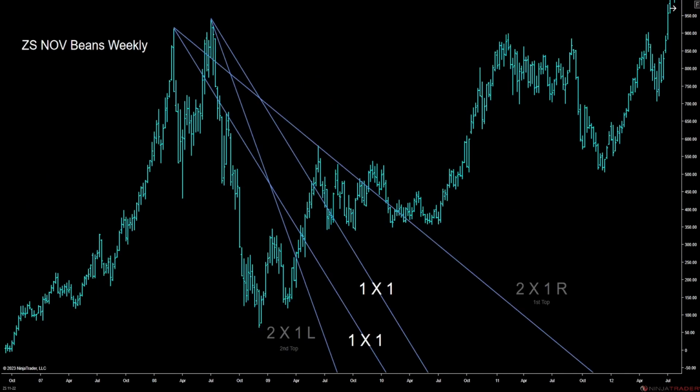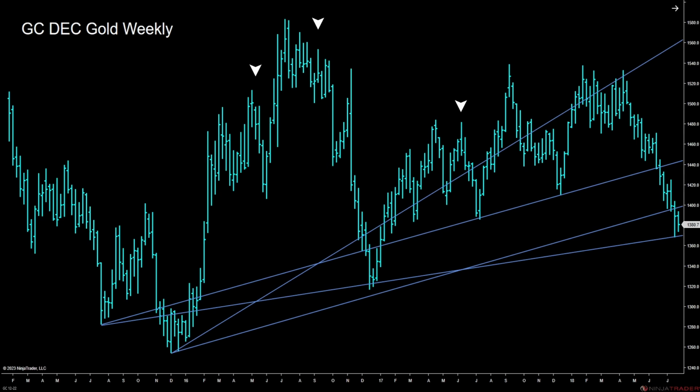This is November soybeans weekly. When you put the angles on any instrument and they do not look right, let's say they're almost flat compared to what you see here in front of you. A flat would be even more so flat than these. There's a little bit of flatness in them.